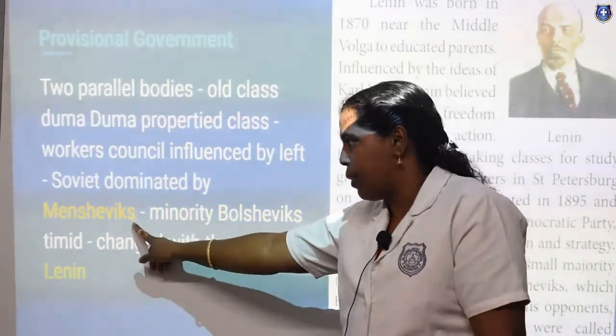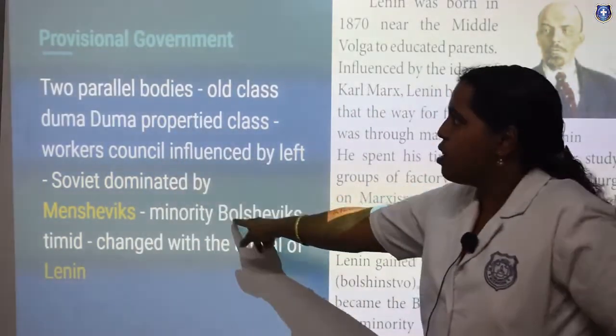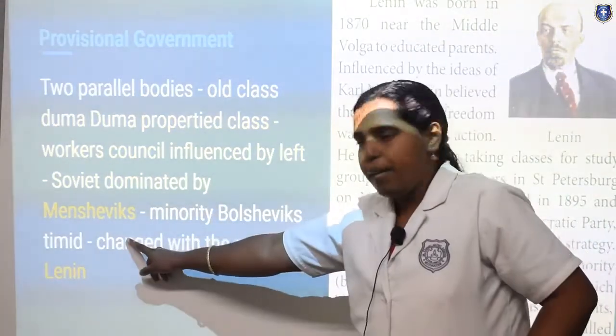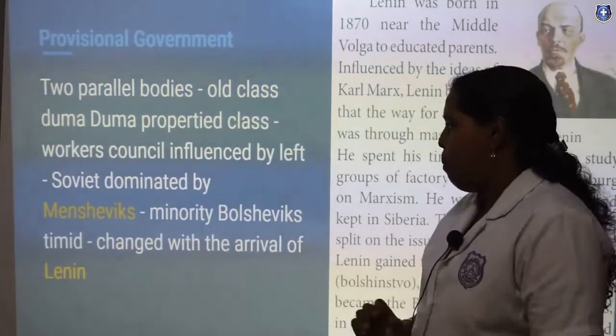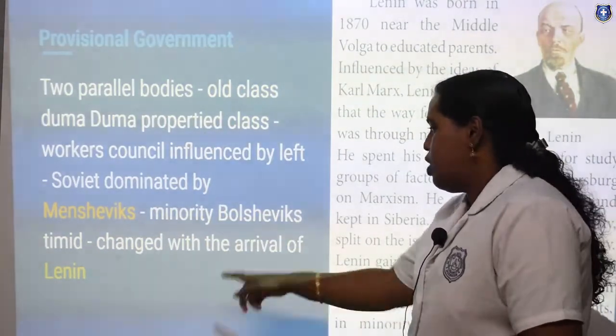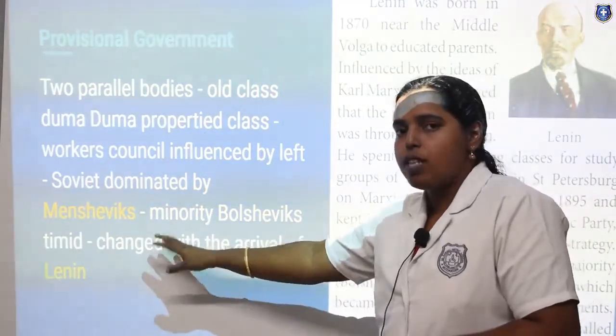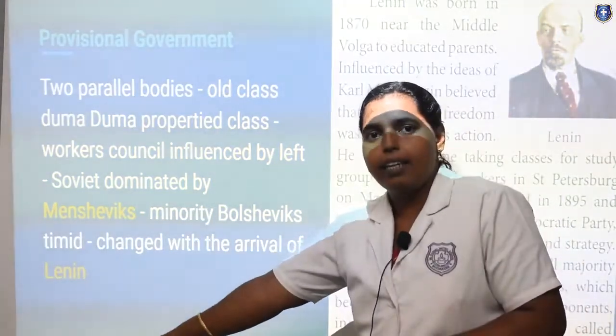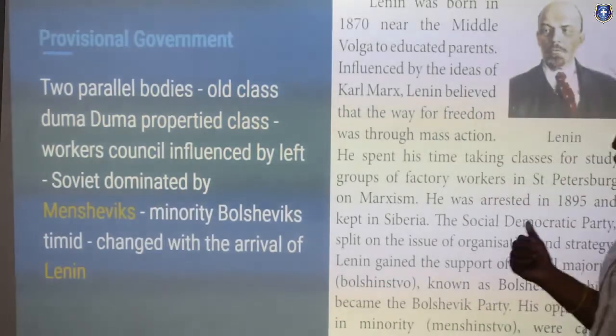Here, the Soviet was dominated by Mensheviks, with Bolsheviks in the minority. This changed with the arrival of Lenin. Their opinion was changed by Lenin. Lenin was coming here and he was bringing some changes.